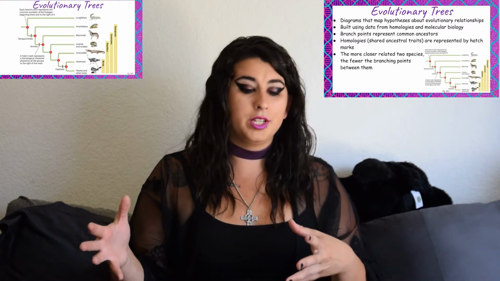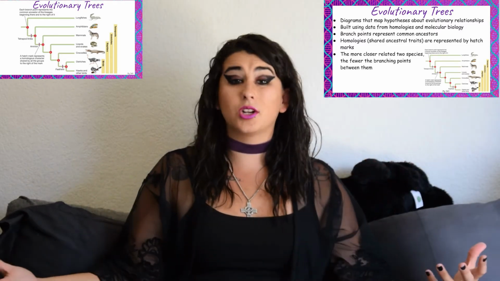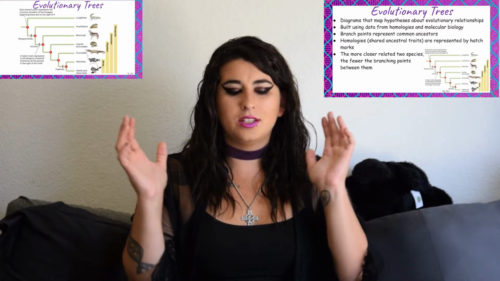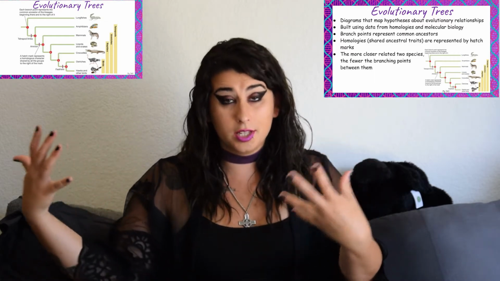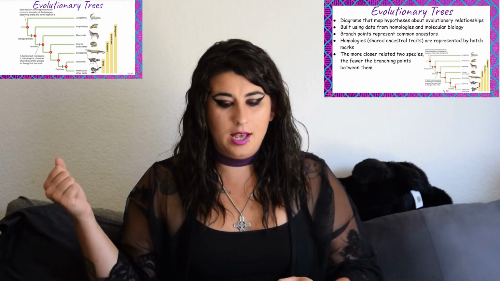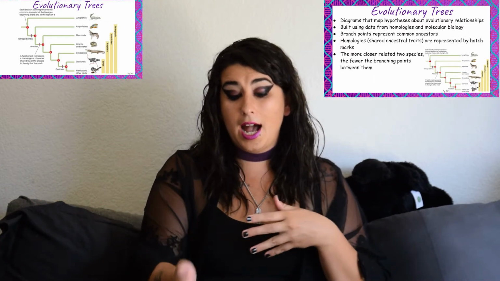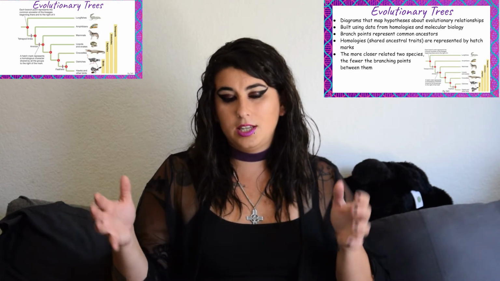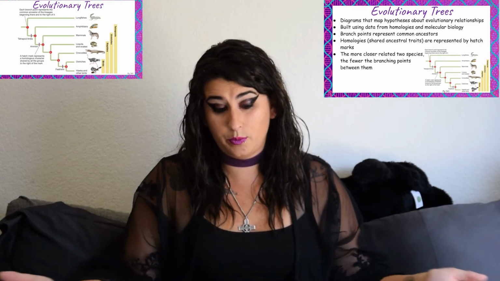And those branch points just represent some hypothetical common ancestor. And they'll take these homologies, which again are shared ancestral traits, and represent them by the little hatch marks you can see on some of these lines. And these are things that kind of define that branch.